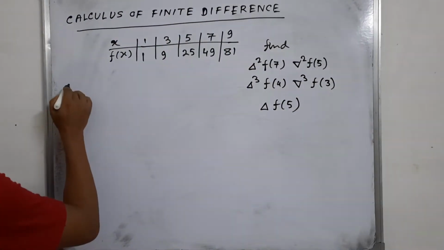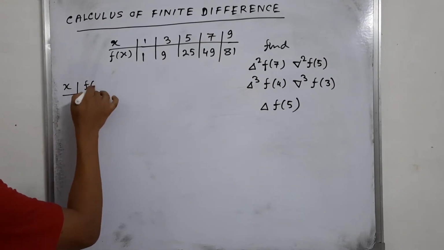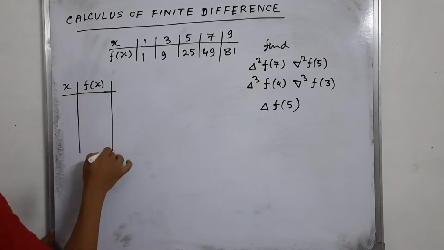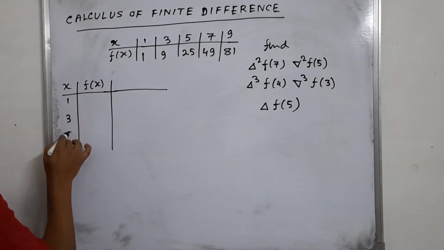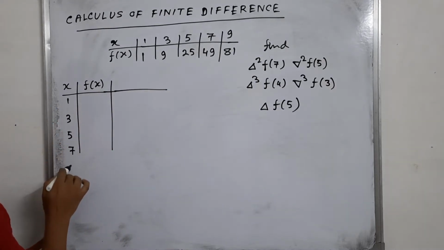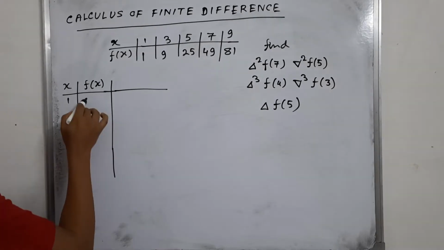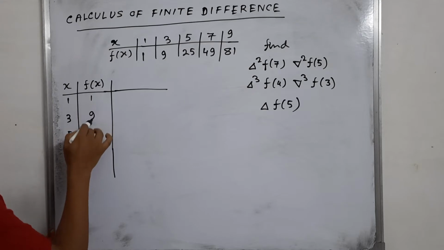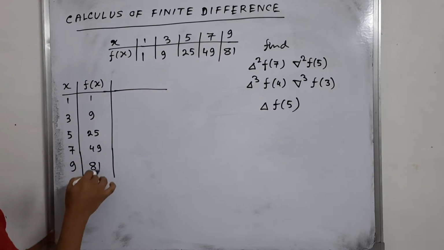So here x and f(x): 1, 3, 5, 7, 9 and 1, 9, 25, 49 and 81.